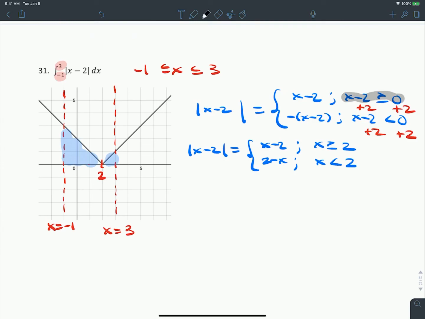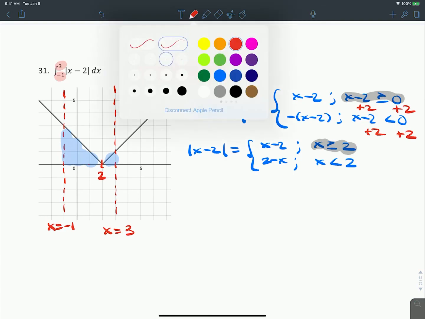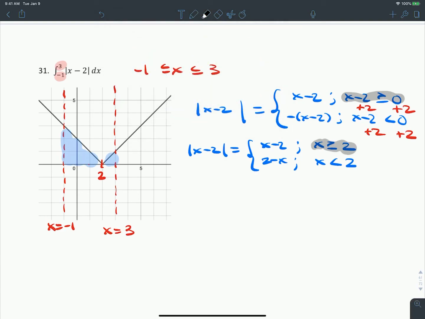This is the top portion, which is right here. These are values of x that are greater than or equal to 2. Those values of x are down here. They're to the right here. Okay, we're saying use this curve here for those values of x, greater than or equal to 2.